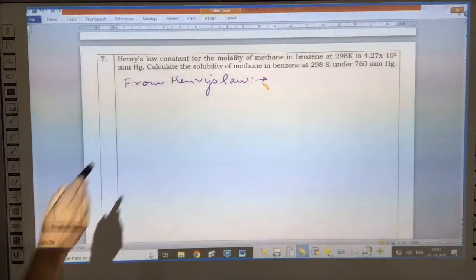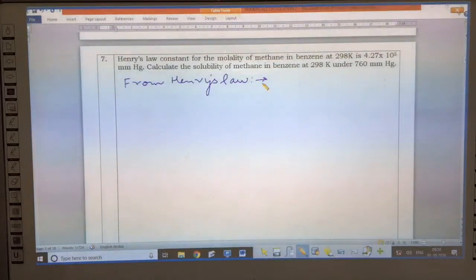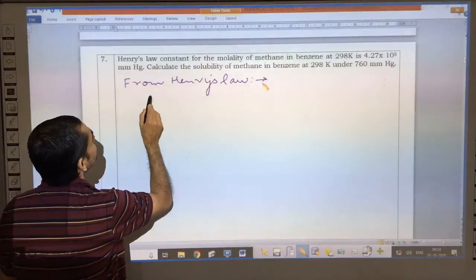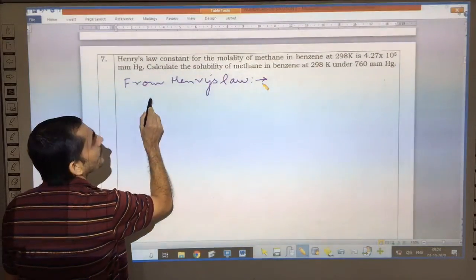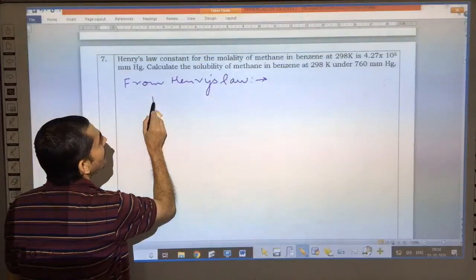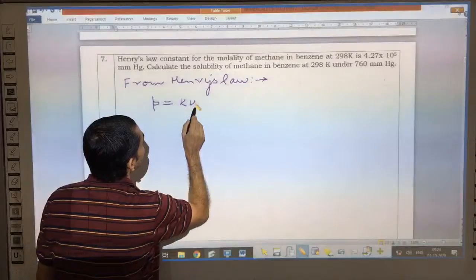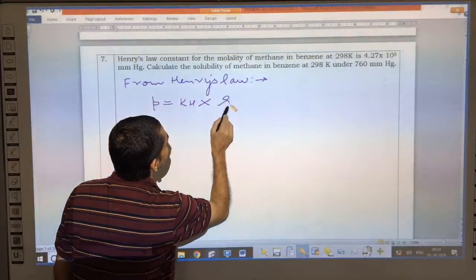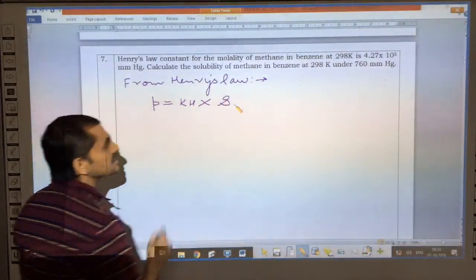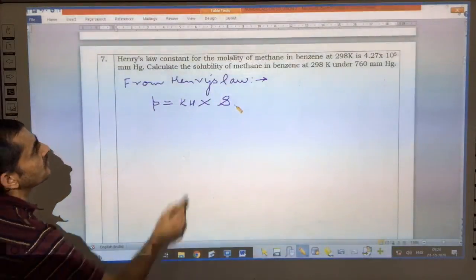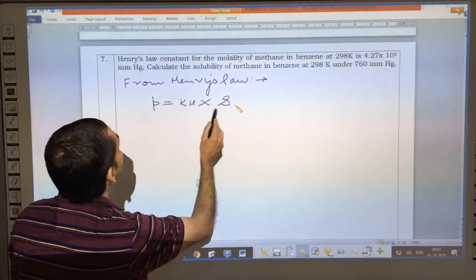Pressure is given, that is 760 mmHg. Now you know Henry's law. Henry's law states that what? The pressure of a gas is equal to Kh into solubility. This solubility corresponds to mole fraction. You know very well. Therefore, we have to calculate what?